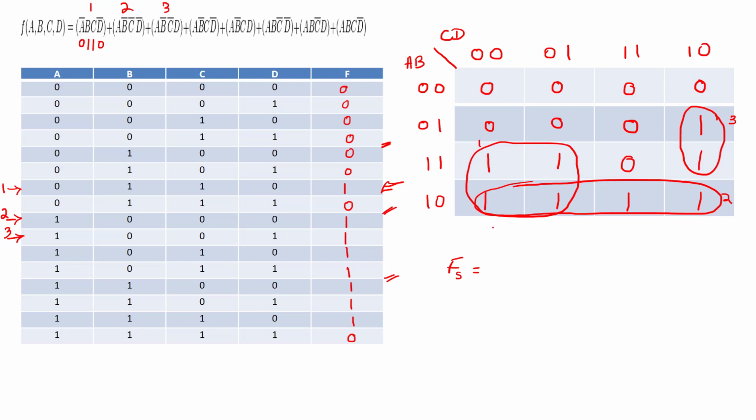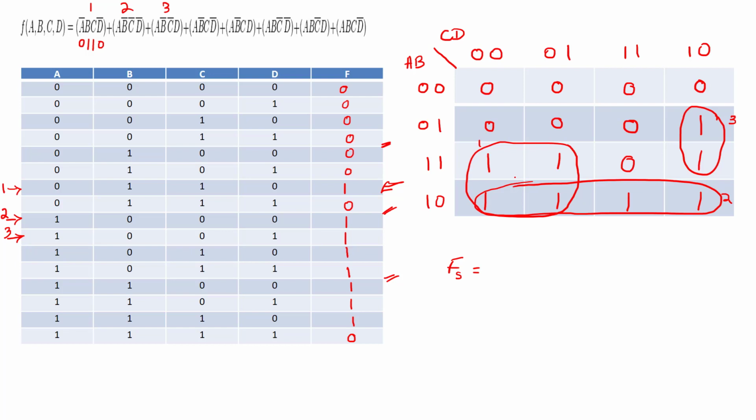The very first rule is that if a variable within the group changes its value, we throw it away. We only keep the variables that do not change the value. Now, if the value is 1, we keep that variable as it is. If the value is 0, we will invert the variable. So we'll put a bar on it.